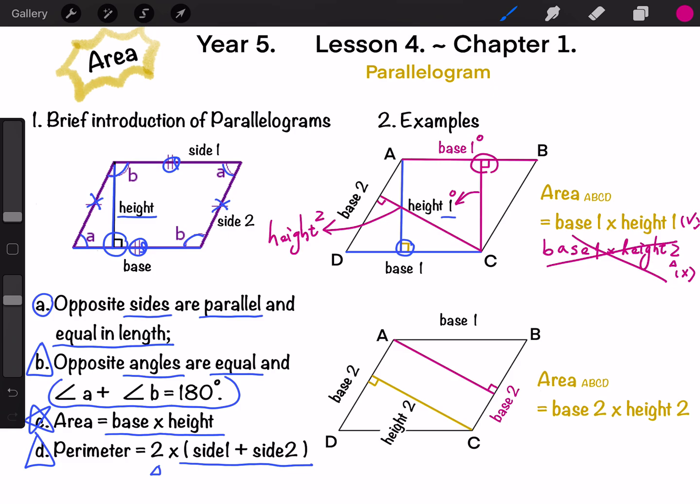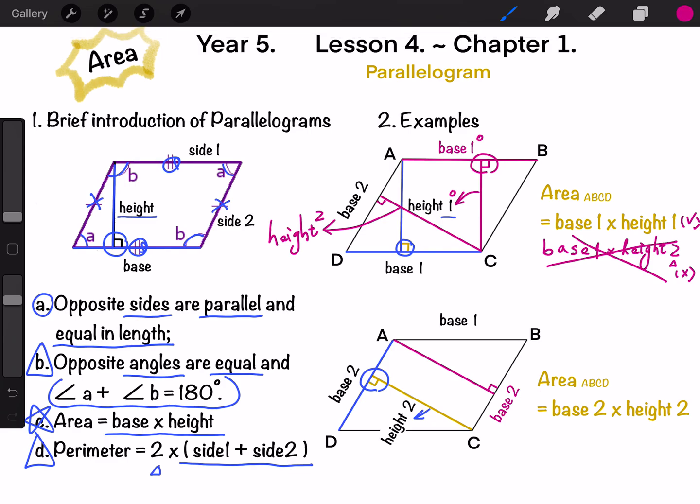The second parallelogram. If we use AD as base 2, the line which crosses base 2 at a right angle is called height 2. Area ABCD equals base 2 times height 2.